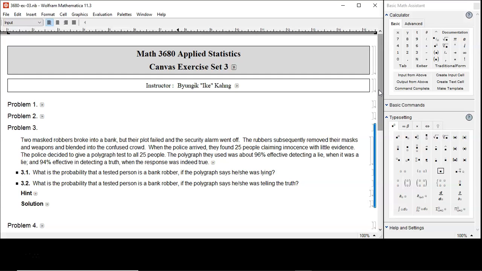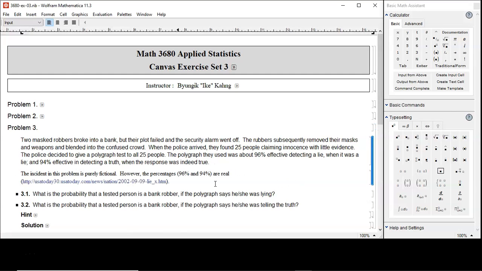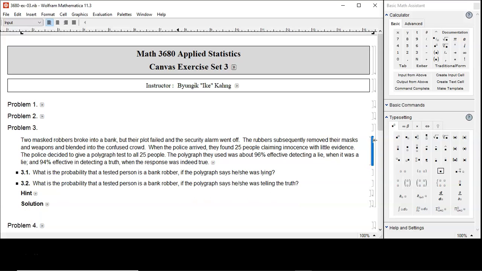This problem itself is something I just made up, but the sensitivity and specificity of the polygraph, the 96% and 94%, those are real. Here's a source. It's a newspaper article, so I'm less confident compared with the previous problem, which came from prominent medical journals. But still, it's an available source and not defunct.